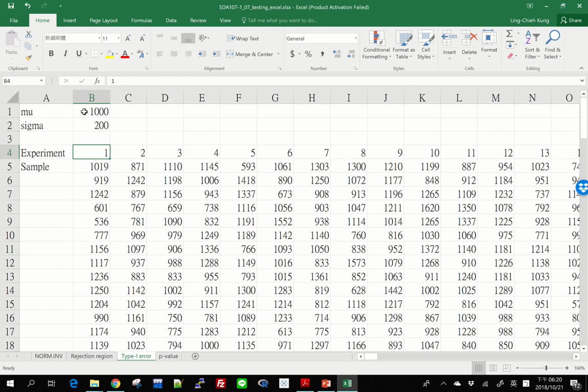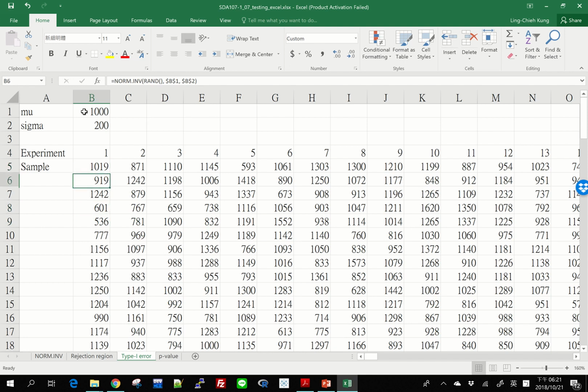Tomorrow, I do it again. I do a random sample again and get a sample whose sample size is another 100. So every day, I do a different sampling process and I get a different sample. For example, on day 1, I get numbers like 1019, 919, 1242, and so on.